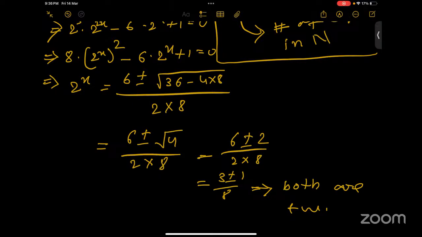If some root were negative, we would have to exclude it. But since both are positive, we can take both as solutions.